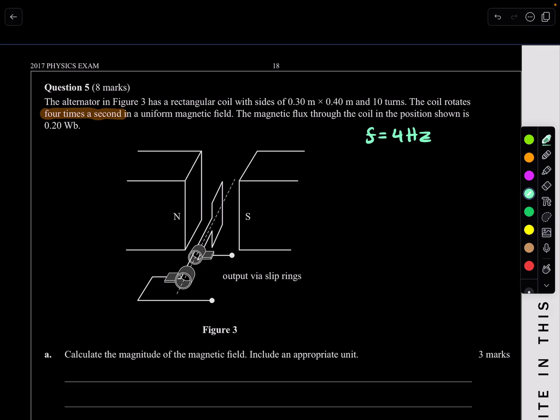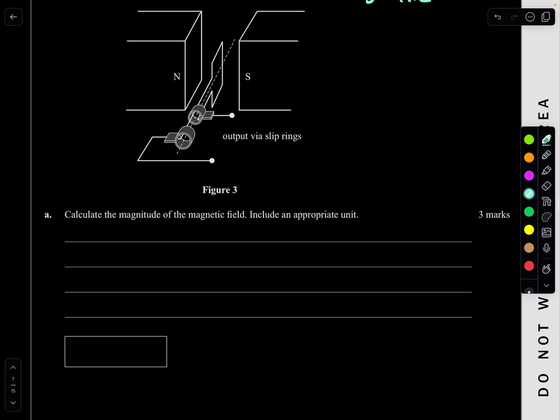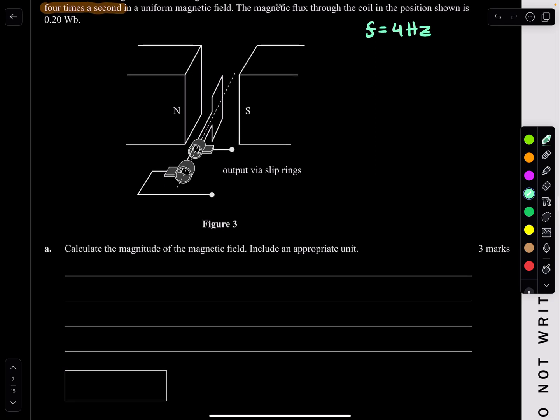In a uniform magnetic field, the magnetic flux through the coil in this position is 0.2 webers. Calculate the magnitude of the magnetic field, include an appropriate unit. It's easy, that's 3 marks. Magnetic flux is equal to the area times your magnetic field.